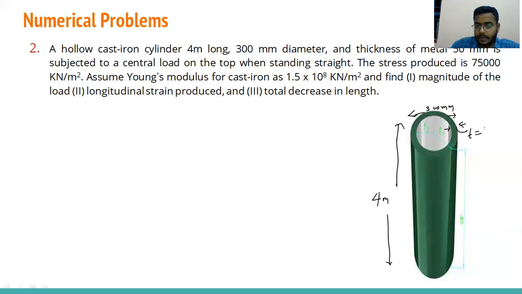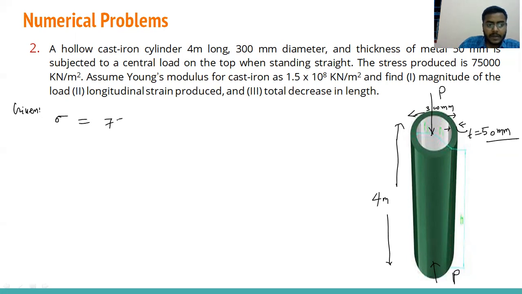It is subjected to a central load on the top when standing straight, and the stress produced is 75,000 kilonewton per meter square. So some load is acting here, I'm assuming compression, and that load produces the given stress.